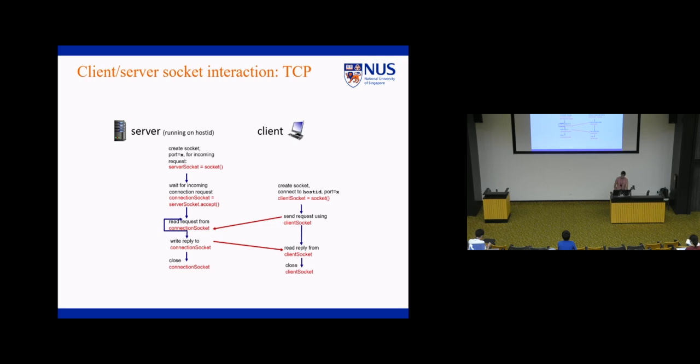Then they can either close their sockets or just repeat the send and receive sequences on the same connection. So the major difference here is that we have two sockets rather than just one.